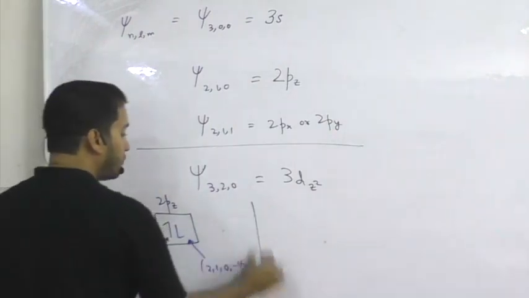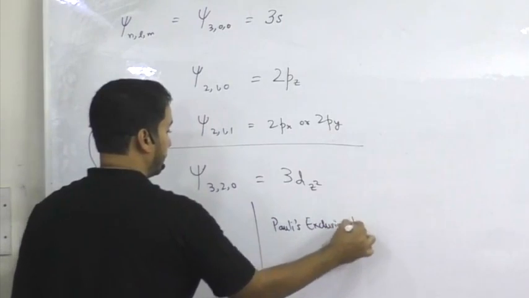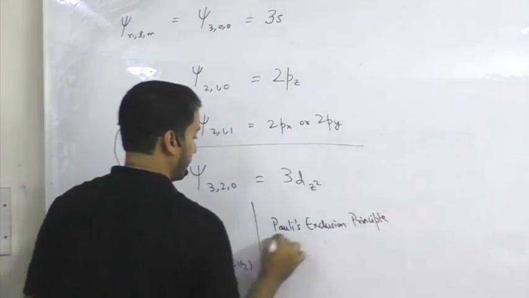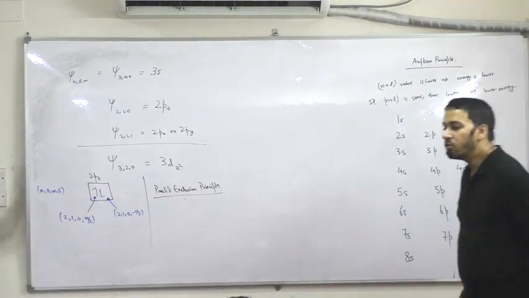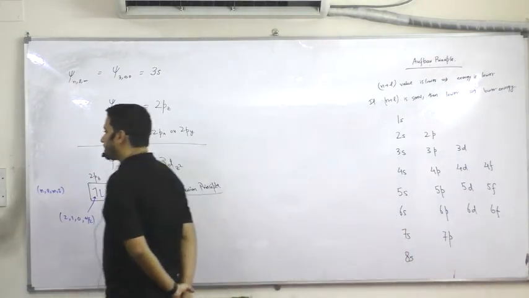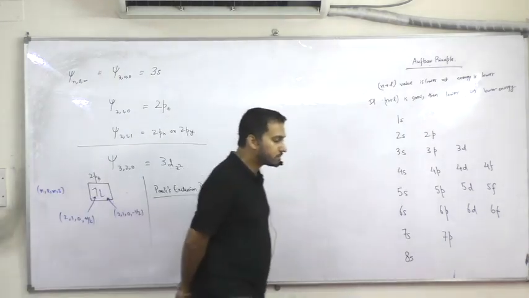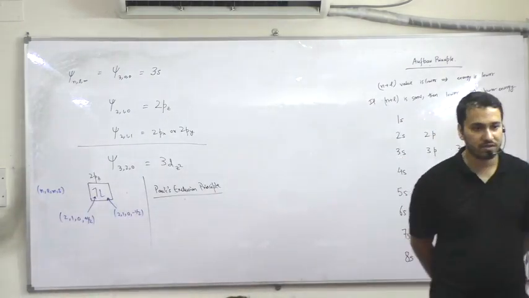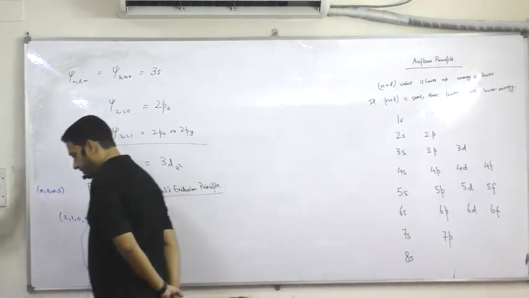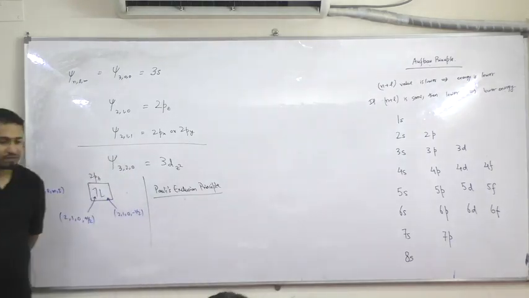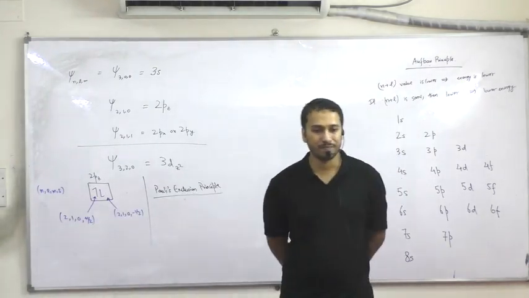Write down Pauli's exclusion principle. No two electrons in an atom can have the same set of 4 quantum numbers.